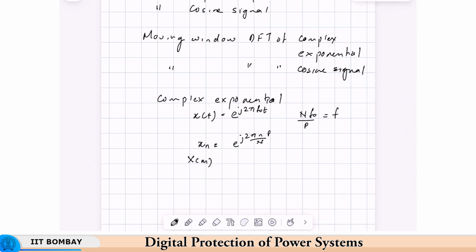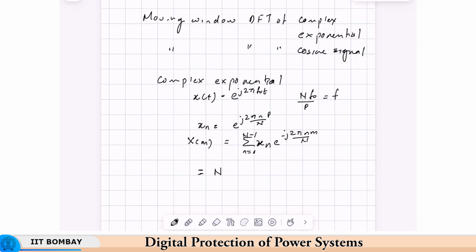And then X m, the DFT, which is defined as, will then become, again not going through the whole derivation again, N e raised to j pi (P minus m) into (1 minus 1 by N), sinc of pi (P minus m).